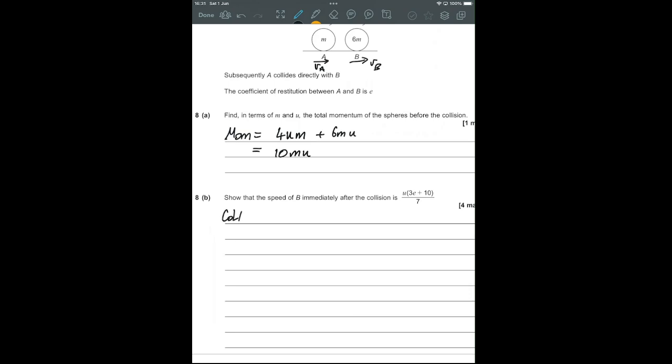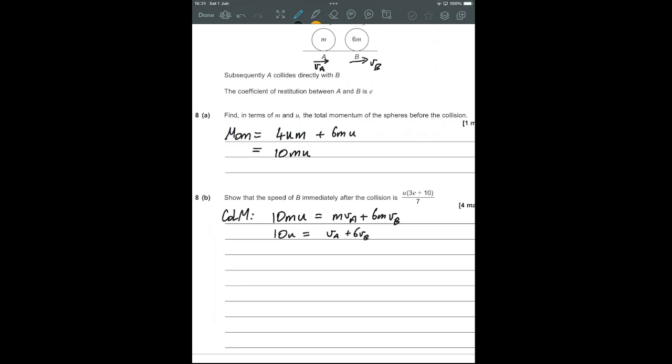Our first is our conservation of linear momentum. We already know that our momentum before was 10mu, so that's going to equal our momentum after, m va plus 6m vb. Cancel out the m's, 10u equals va plus 6 vb.